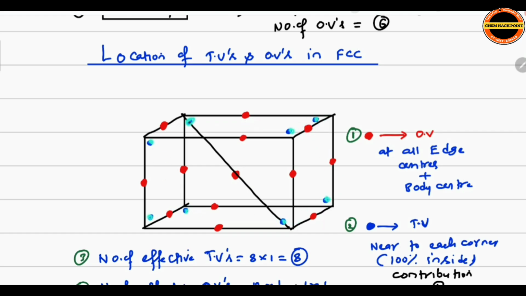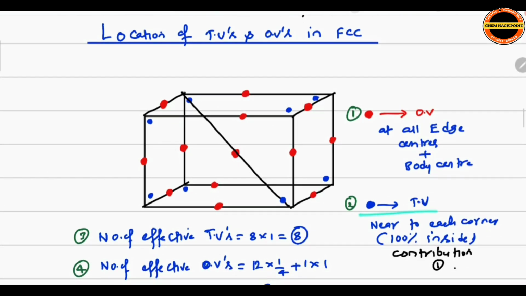The blue dots are tetrahedral voids which are near to the corner, not at the corner, 100% inside the cube. Blue color is a tetrahedral void near to each corner, 100% inside, so its contribution is 1, because if it is inside, the contribution towards the unit cell is 1. So all blue dots represent tetrahedral voids, located near the corner, not at the corner.